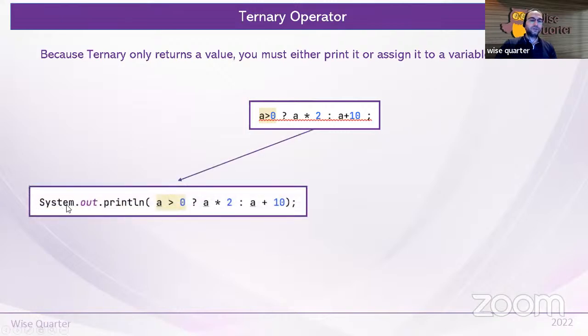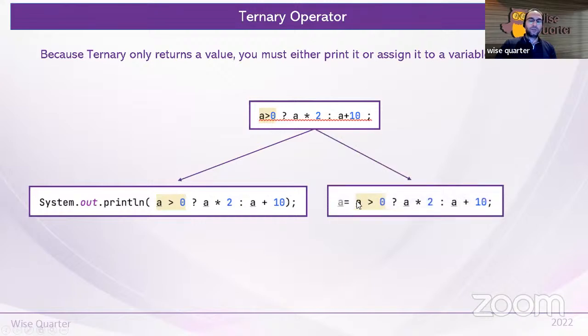If you put it inside the print statement like this, the complaining will pass. Java won't complain anymore. Or you can make the assignment. So the result will be assigned to A. If it is 20, from now on, A will be 20.